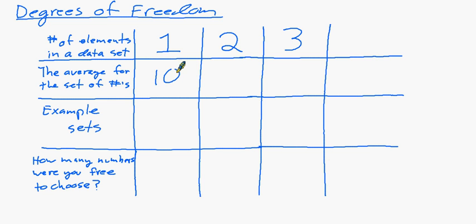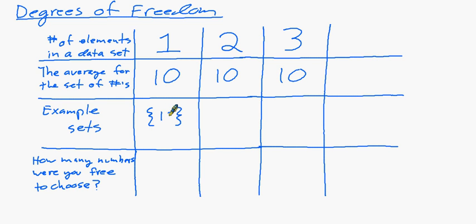So let's just somewhat arbitrarily say, for each of these, we want the numbers to average out to be 10. Now, here comes the important part. Because now we get to make example sets. Let's make up a set of numbers that has that average of 10. And it has to have this number of numbers. That's essentially n. So we only have one number in our set. The average has to be 10.